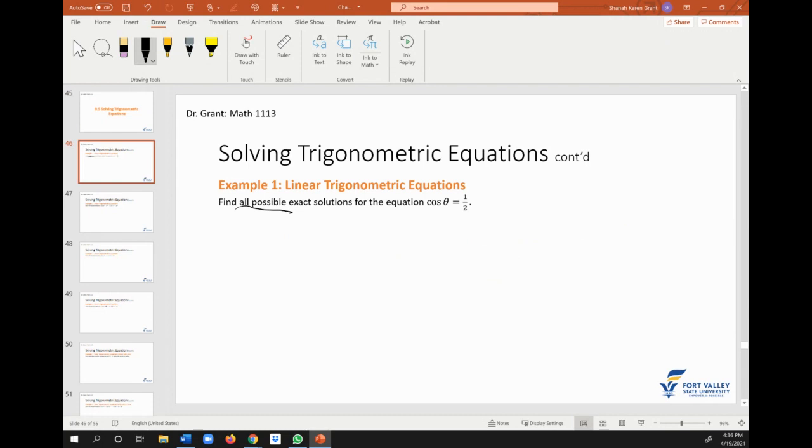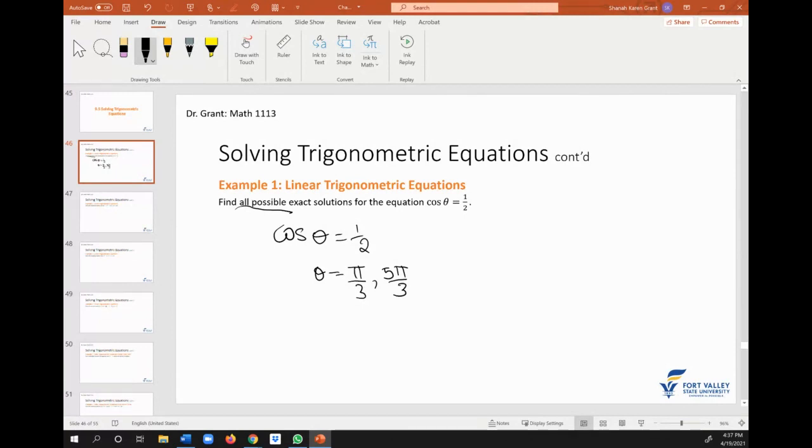Now, hopefully by now we know what angles give us, when we take the cosine of that angle, we get 1/2. So if we have that cosine of theta equals 1/2, well, that means theta must be either pi over 3, since it's positive 1/2, or theta can also be 5 pi over 3.